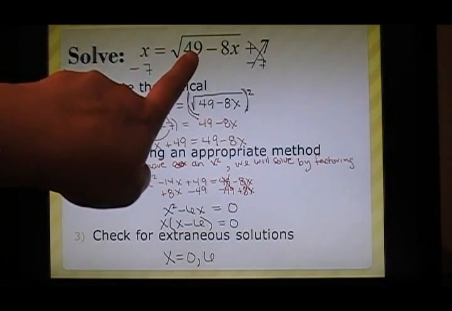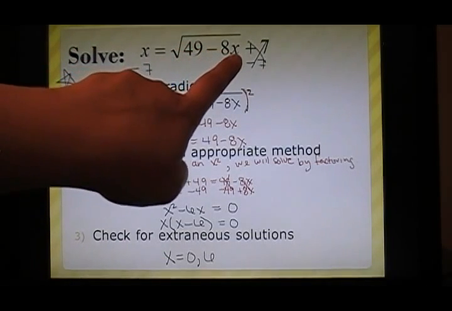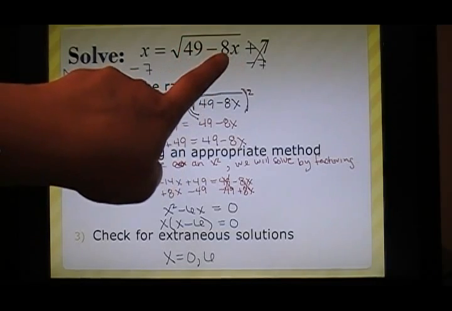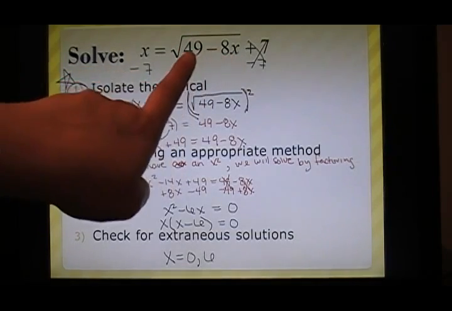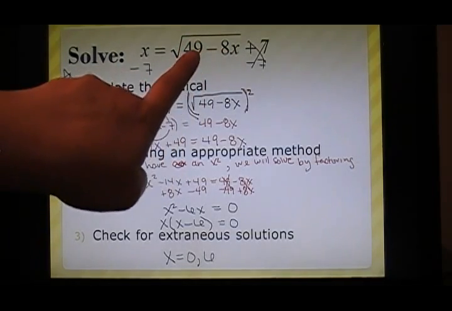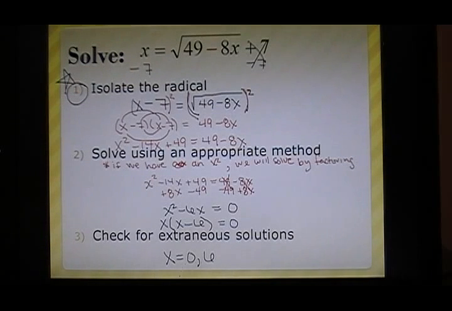So 49 minus 8 times 0. This 8 times 0 is 0. 49 minus 0 is 49. So when we substitute 0 into the original equation, we have 0 equals the square root of 49 plus 7. Does it work?